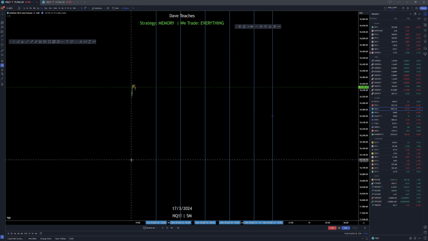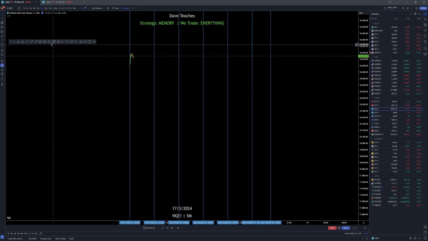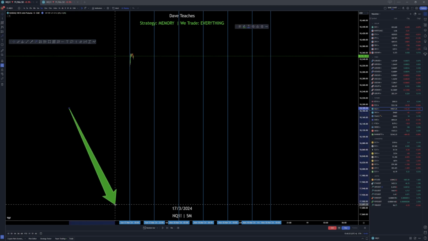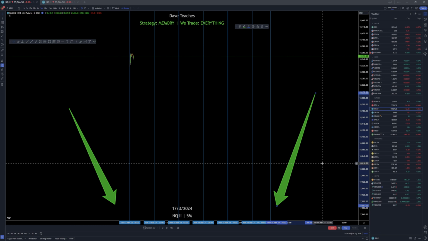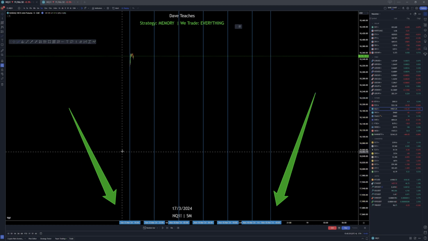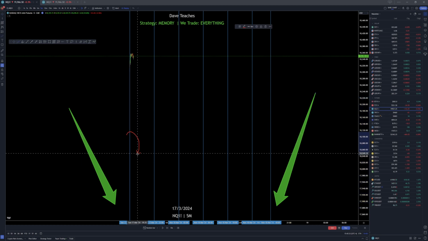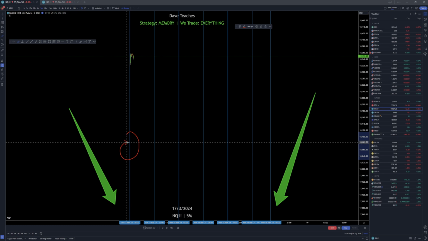So let's go over here at 1800, right? This is Sunday, right? This is Monday, market close on Monday, right? Look at the times. This is 6 p.m., right?